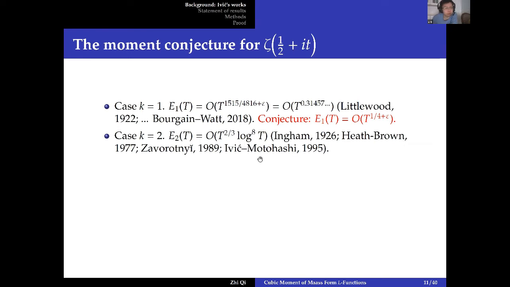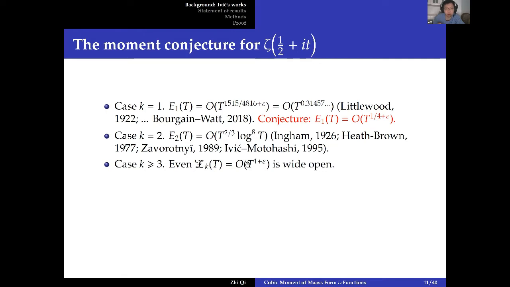And then Zavorotny proved it to be T to the 2/3 plus epsilon, and then Ivić and Motohashi improved that epsilon to the 8th power of log T. And this is the history of k equal to 2. And for k greater or equal to 3, even an upper bound is still wide open.